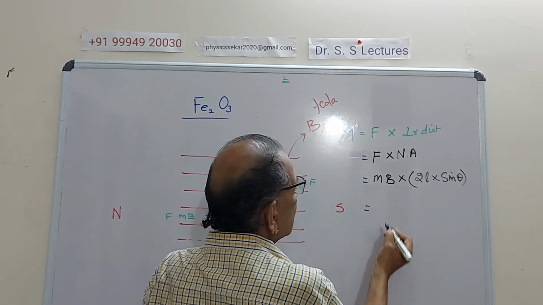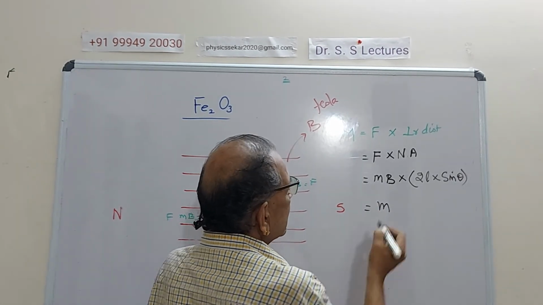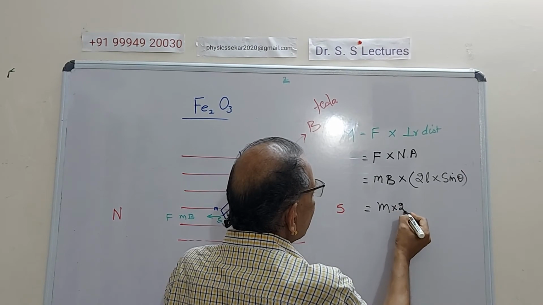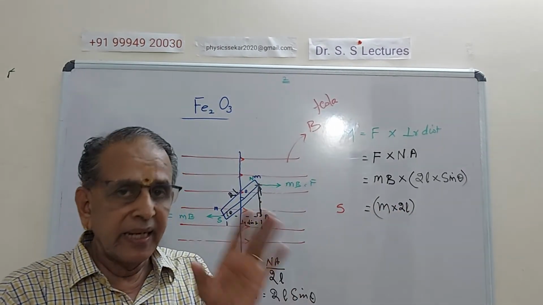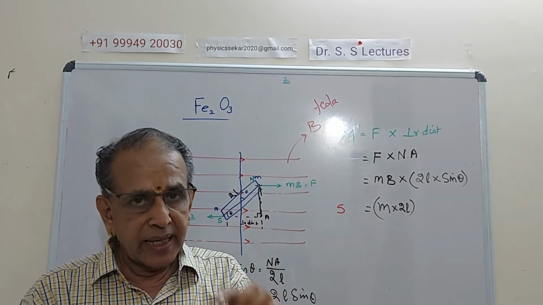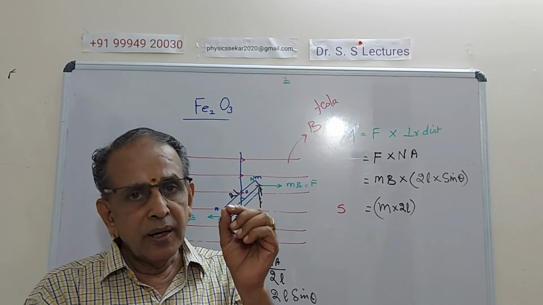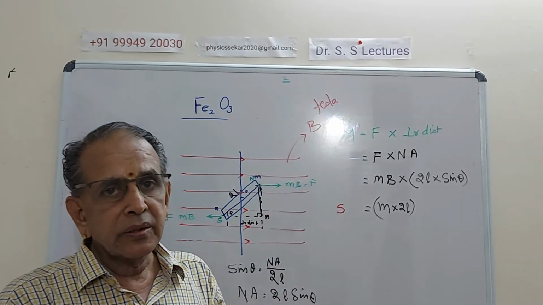What is that? We have got this M, the pole strength of the magnet. This 2L, the length of the magnet. You cannot change the pole strength of the magnet. When you take a particular dimension of a magnet, and if you are declaring it, this M becomes a constant.